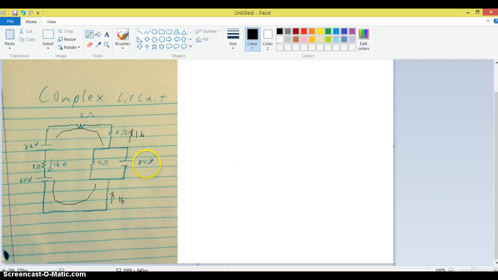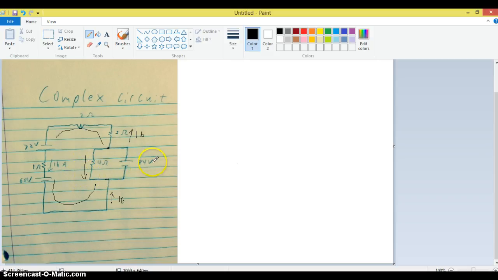Because of the 84 volt battery, there's going to be an 84 volt difference between right here and over here. So we can look at this resistor and know that there has to be some sort of current I going down this way.